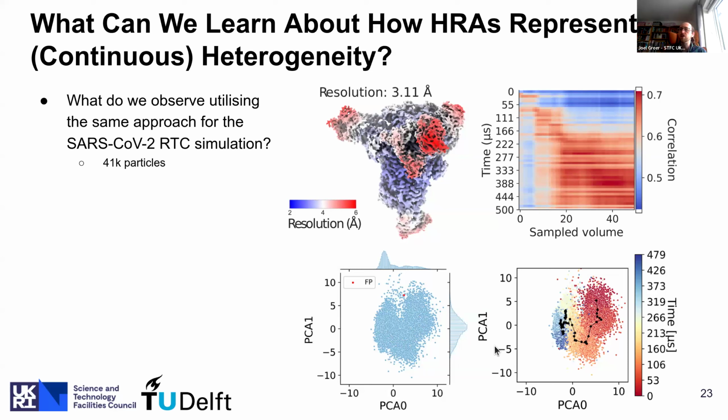But if we use our ground truth information, we can reasonably well track this through from start to end in the same manner as we did previously for the COVID spike trimer dataset. So we see that the latent space is explored quite a lot up to about halfway through the MD simulation.